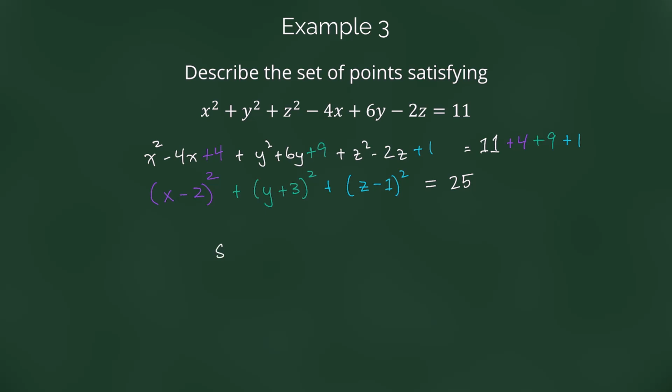And so we see that this is a sphere. Its center is (2, -3, 1), and its radius is, since we have a 25 over there, that's r squared, its radius is 5.